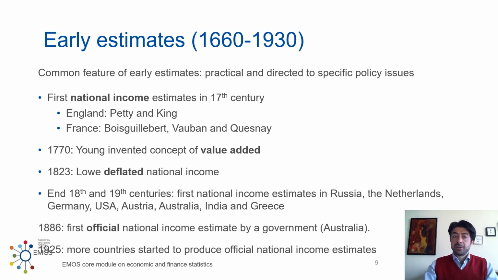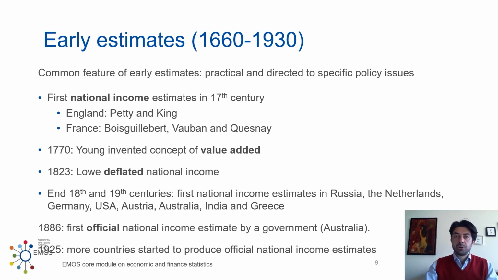The most valuable of these early attempts were carried out in England by Petty and King and in France by Boisguilbert, Vauban and Quesnay. They focused on estimating national income, looking in particular at the agricultural sector, which was the dominant industry at the time, at trade, and at the financial credits of the aristocracy.